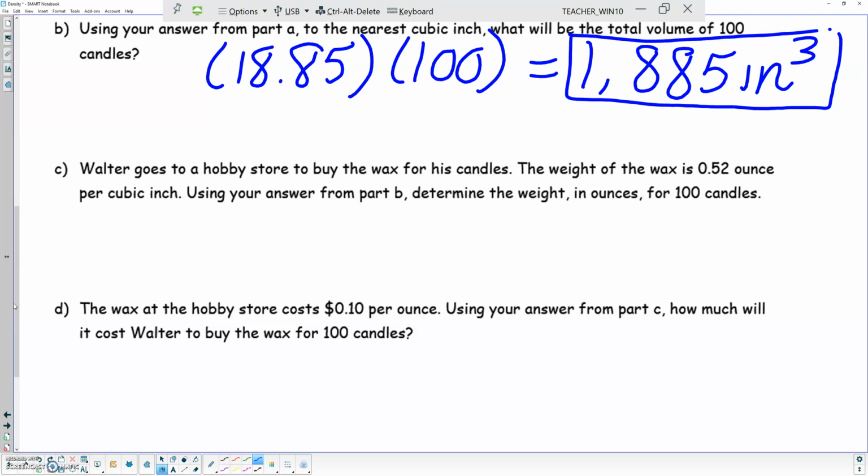Okay, so similar to the questions we did in the first video, when they ask for the weight, they're really asking for the mass. And the number 0.52, that represents our density.